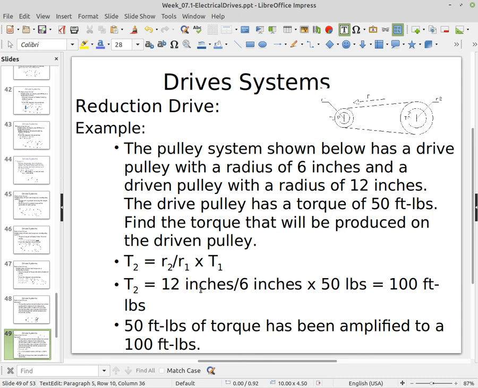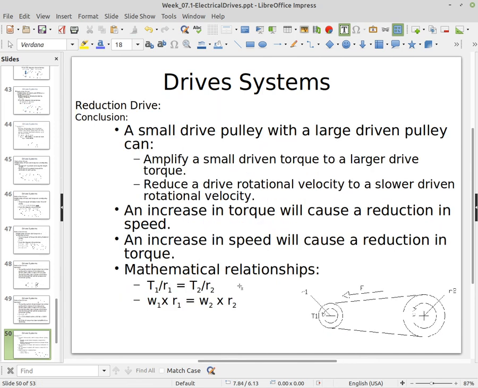We're doubling that because we've doubled the size of the wheel we're driving, so we get 100 foot-pounds. So we've doubled our torque, but again we reduced our speed by half. So it's a trade-off there.